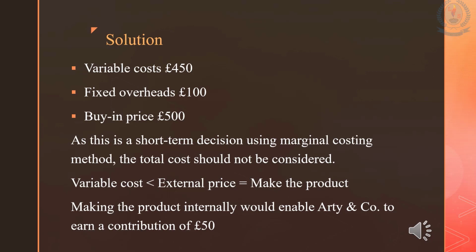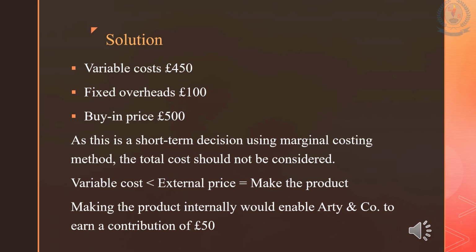This makes a total of £600. Therefore, the decision must be for RTN company to manufacture the product itself, as there is a positive contribution of £50, manufactured cost being £50 less than the buy-in cost towards fixed costs.